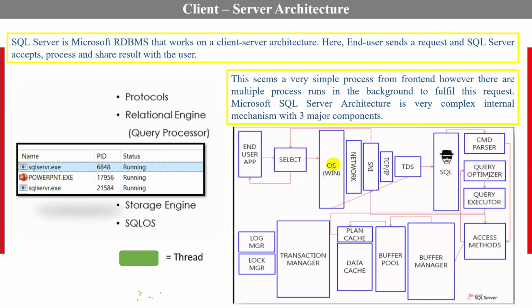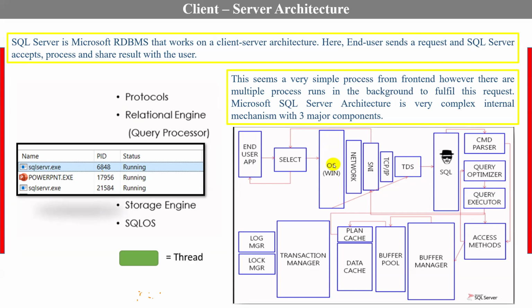Your optimizer will plan for your query based on two things: one is the selectivity, one is the cost. Selectivity is how much data you are trying to fetch. Based on selectivity and cost, your optimizer will prepare a plan. That plan is technically called the execution plan, the query execution plan.